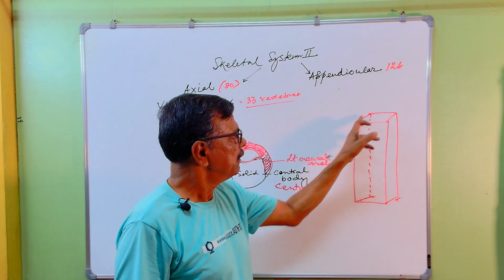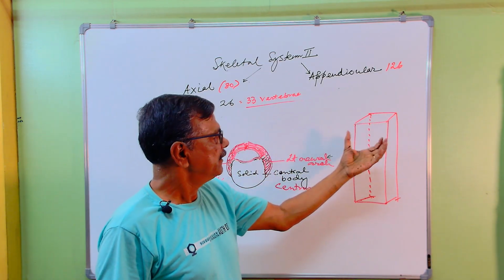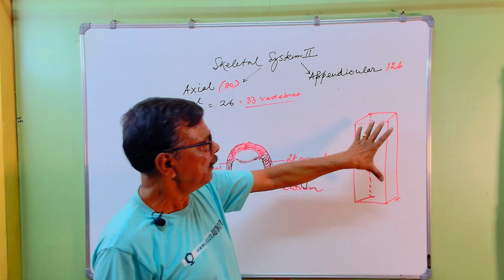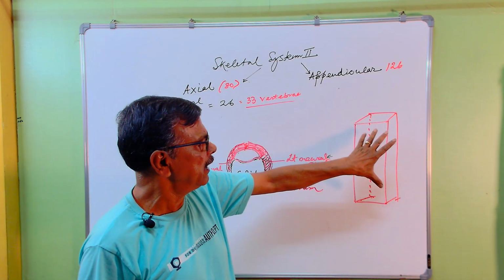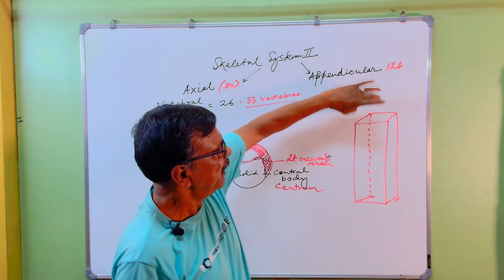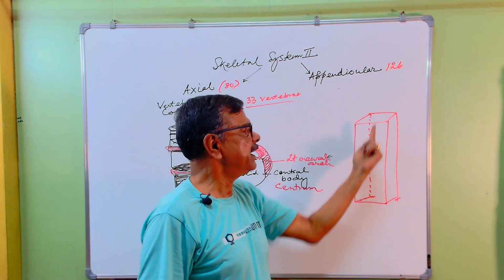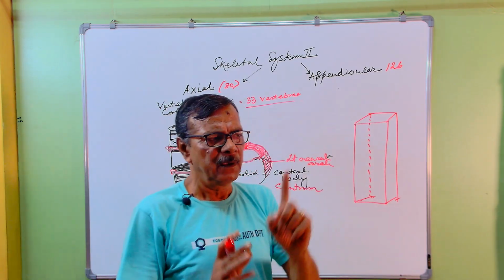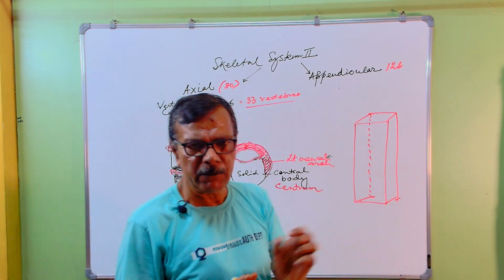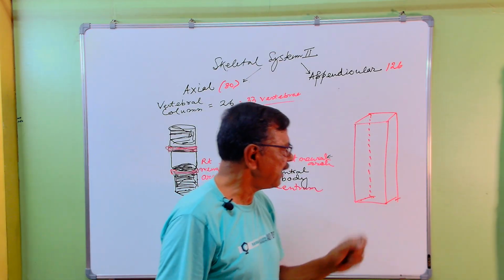It is a long cubical, square, big column, and inside there are some iron rods. So this is a column.